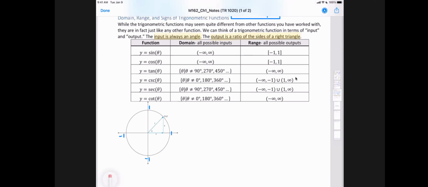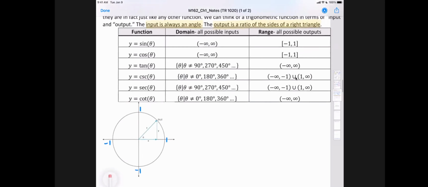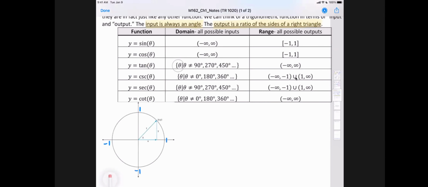All right, so let's take a look at tangent of theta. The domain for tangent says that your input of angles can be anything, except there are some conditions here. You cannot take tangent of 90 degrees, 270 degrees, 450 degrees, and there are infinitely many. The reason is that when you try to find the tangent of 90 degrees, you end up with undefined.